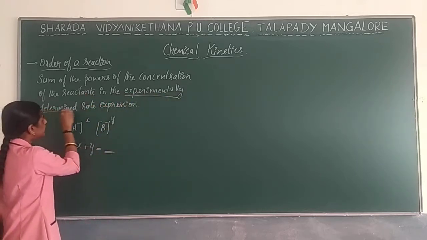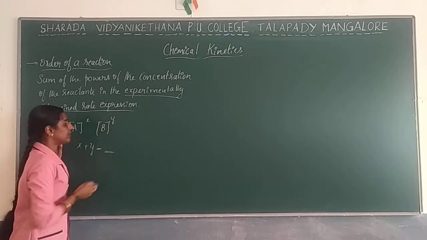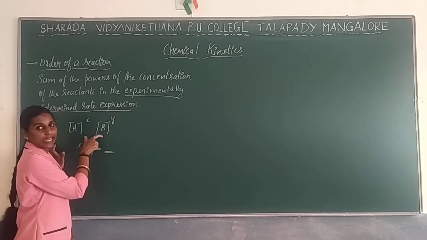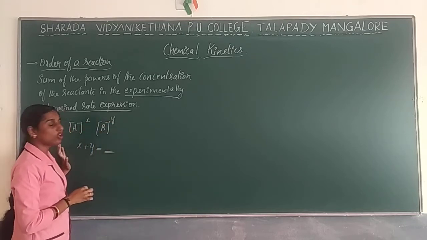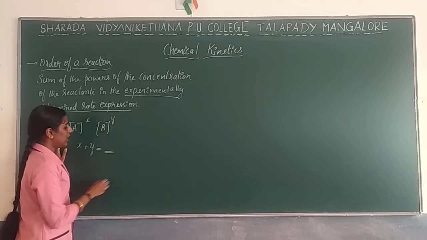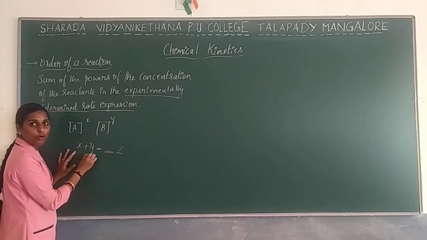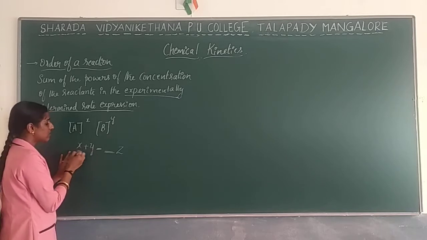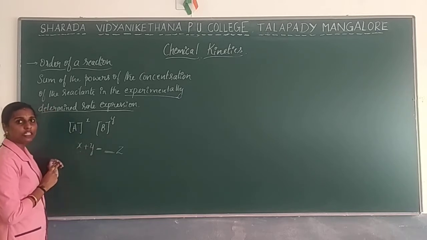This is very important. We can write order of reaction only for the expression determined experimentally, in terms of x and y. It is nothing but the sum of the exponents.